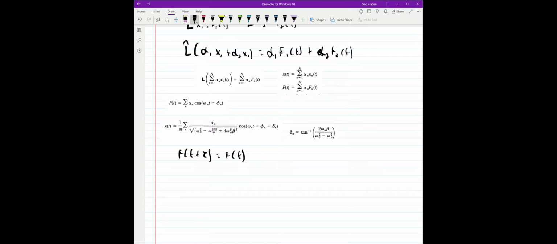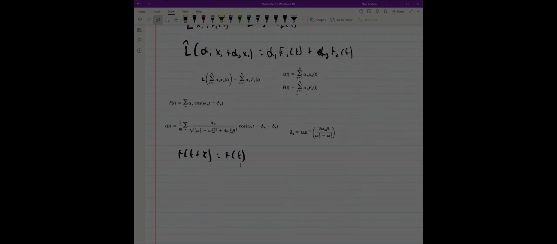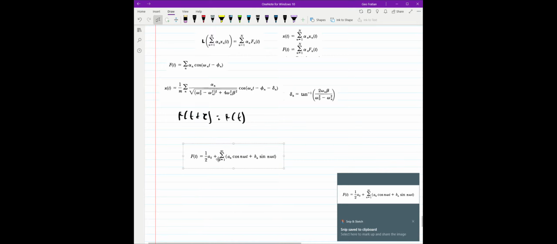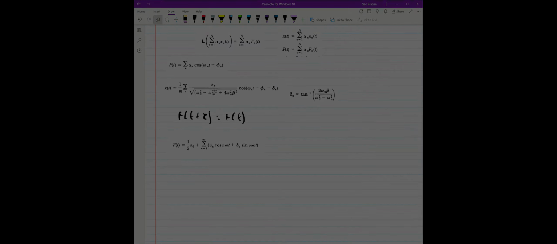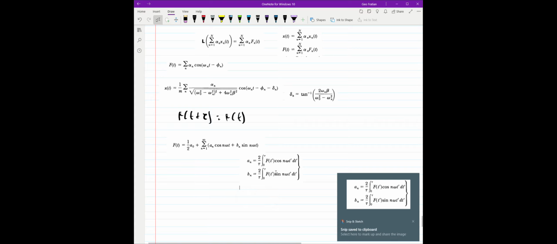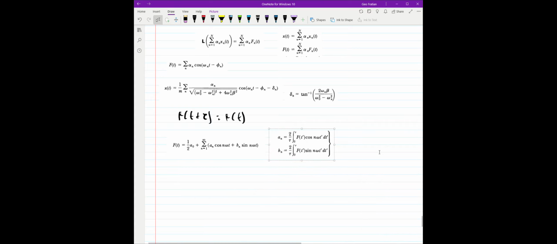That immediately tells us that f of t must be one half a naught, a constant, plus a superposition of cosines and sines, because it's periodic, where we can define a of n and b of n as 2 over the period, so it cancels out, integral from 0 to the period of f of t times cosine n omega t, and f of t times sine n omega t. In other words, that's how we solve for these.